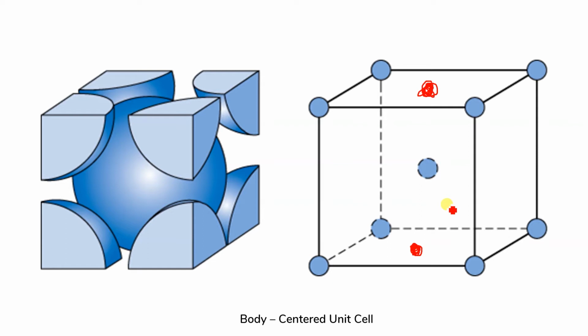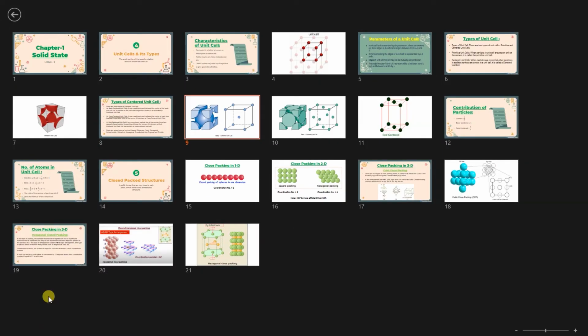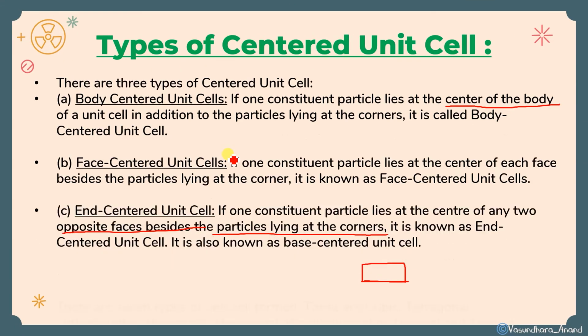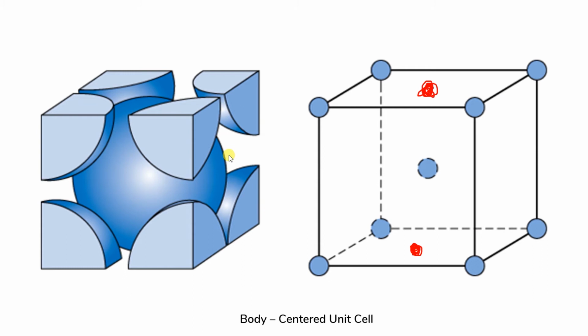If I'm talking about the alternate phase, that means only 2, not 6, not 3. Got it? Alternate phase will be only 2, not 3. That is the point to be considered. Okay, so that is what I have explained. Next is the body center, so this one is not required over here now.